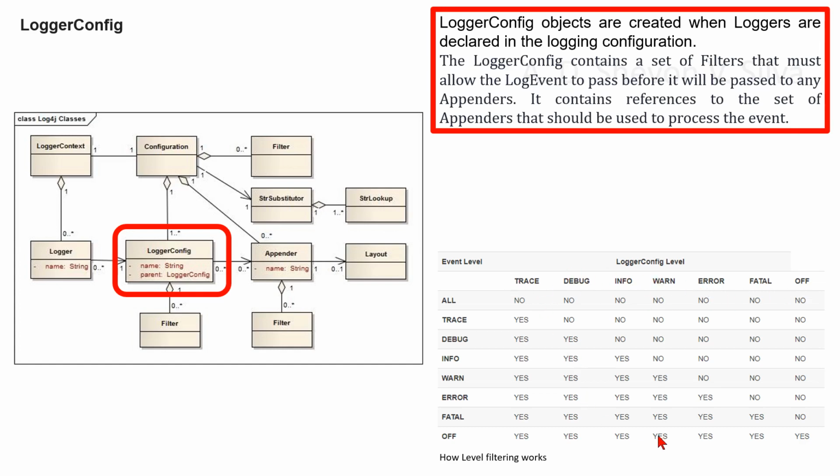The intersection identifies whether the log event would be allowed to pass for further processing, yes here, or discarded, no here. Here, all means all events should be logged. Here, trace means the fine-grained debug message, typically capturing the flow through the application.